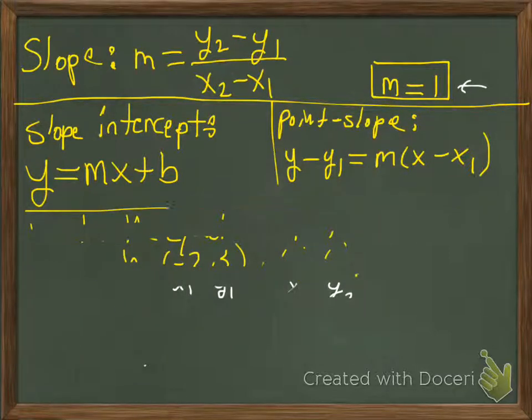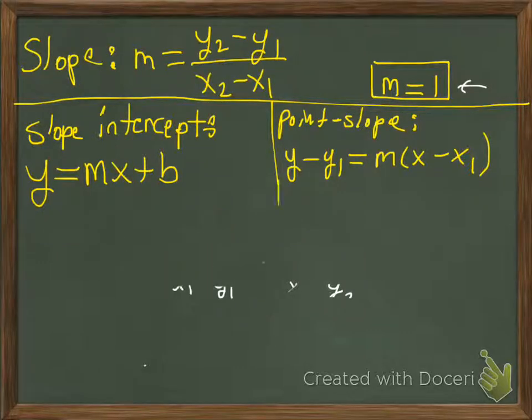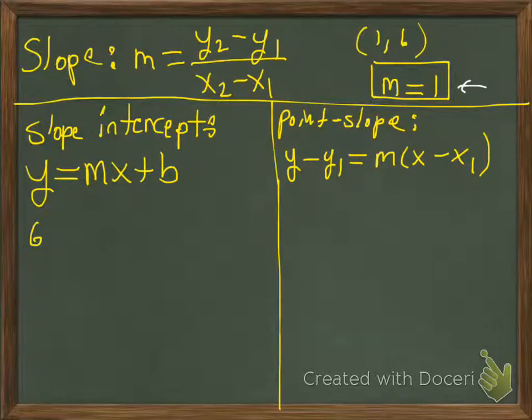Erase all that mess. And then we had 2 points. One of them was -2, 3, and the other was 1, 6. 1, 6 has the smaller numbers, so I might want to use that. Let me erase a little bit more of my mess that I have here. Okay. So I'm going to use the point 1, 6 here, and when I use that, I'm going to replace the y with the 6, the m with the slope of 1, and then the x with the point 1.